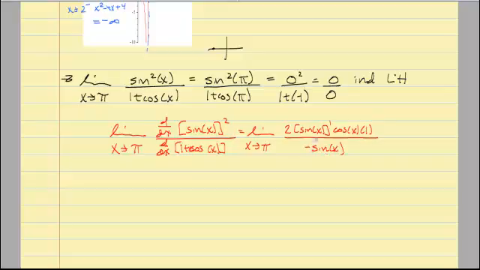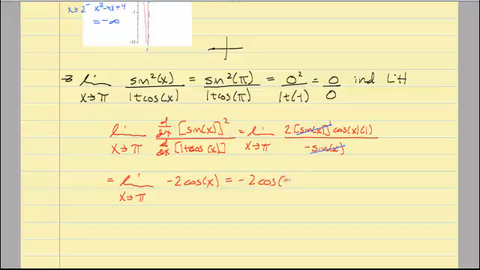We can get some canceling to occur here. The sine of x's cancel, and I am left with the limit as x approaches pi of negative 2 cosine of x. The negative, of course, is flipping up from the denominator.